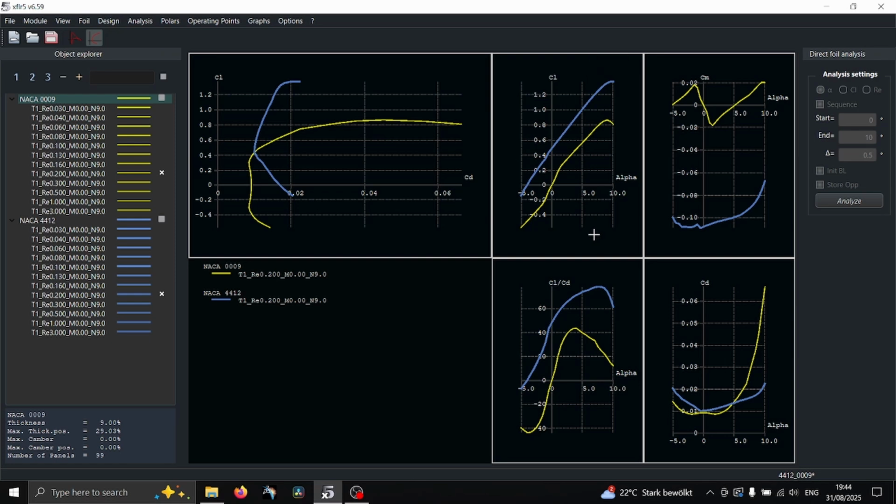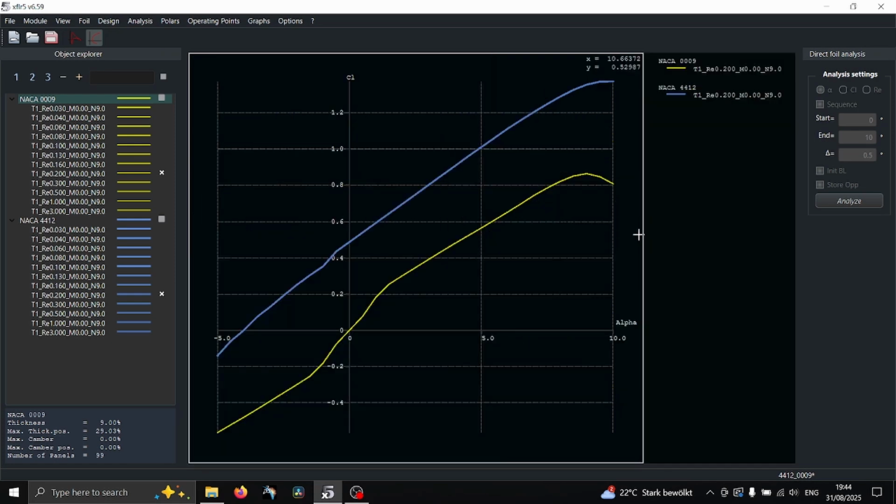If you press 2 on your keyboard, this graph will become bigger and you're going to see it separately. With a yellow color, it's given the polar of the symmetric airfoil, and with blue, it's given for the asymmetric airfoil, 4412.